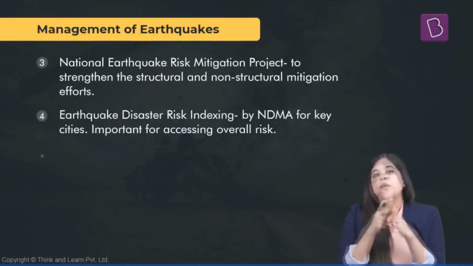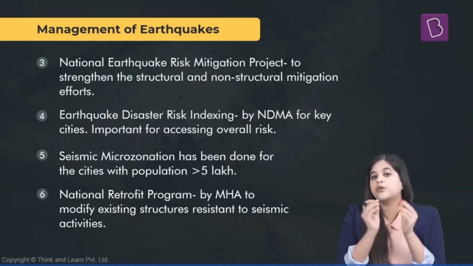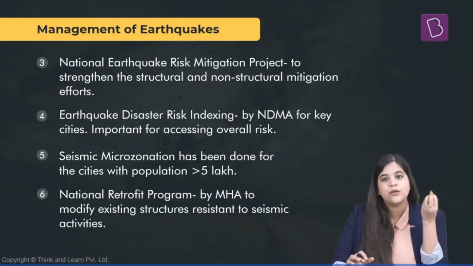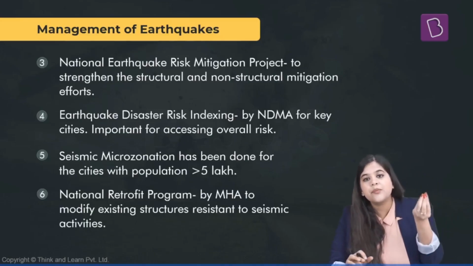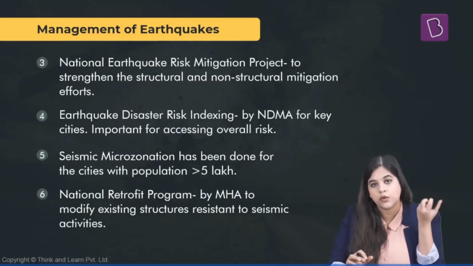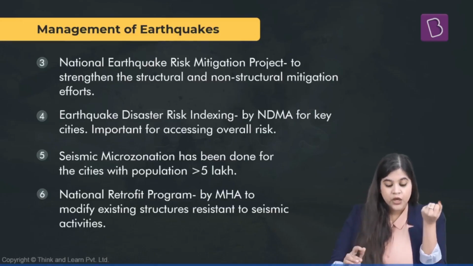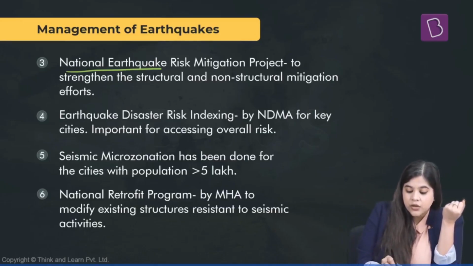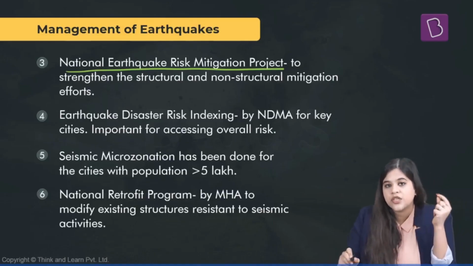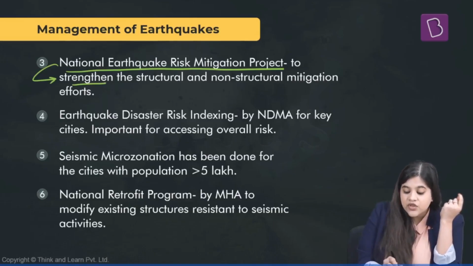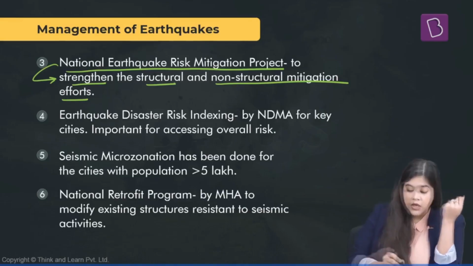Now we know that an earthquake becomes a disaster only due to the presence of infrastructure. There is a loss of property due to the loss of the infrastructure, and people also get submerged under all this rubble, and there is a loss of life as well. So that is why the National Earthquake Risk Mitigation Project basically focuses upon strengthening the structural and non-structural mitigation efforts.